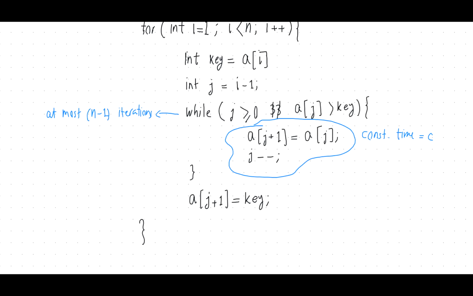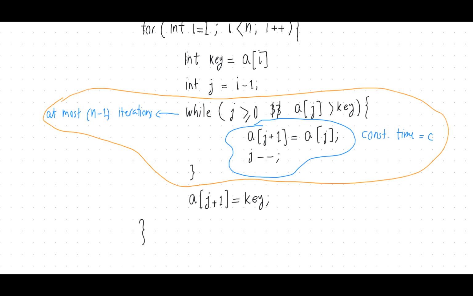So overall, for the while loop, we can say it iterates at most n minus 1 times. Every time it takes this much time. So we can say c times n minus 1 is the time that it takes. Okay, at most.